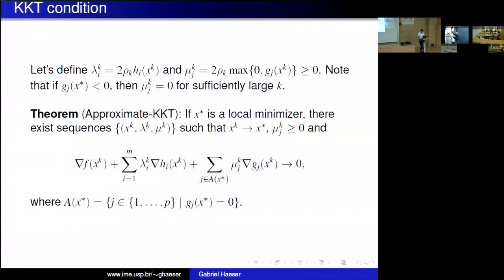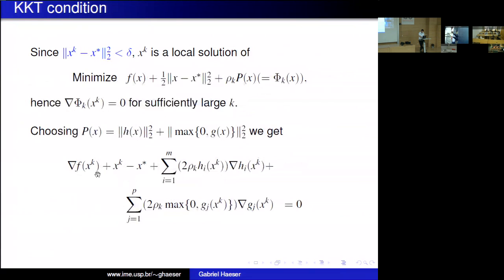Okay. So look here that xk is converging to x star. So this is going to the gradient of the function at x star. This is going to 0. This, I don't know what happens here, because rho k is going to infinity, and hi of xk is going to 0.